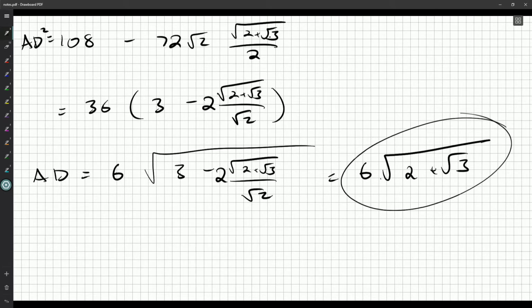Okay. 2 plus root 3. I want to square root that. Oh, sorry, 2 minus root 3.